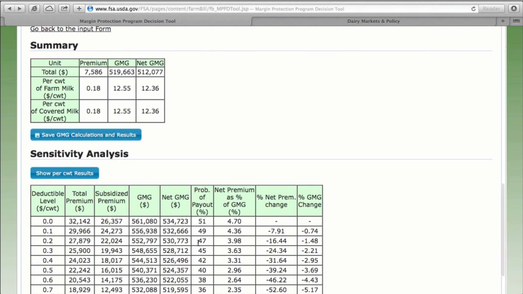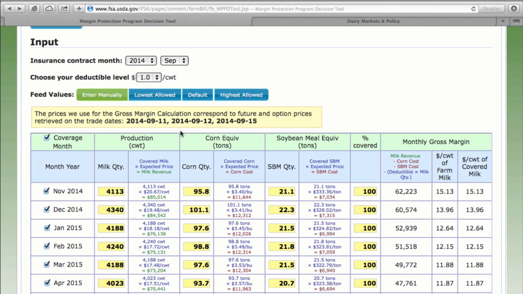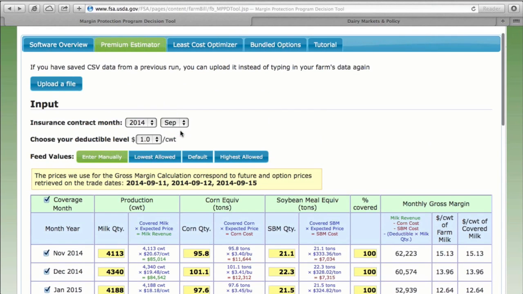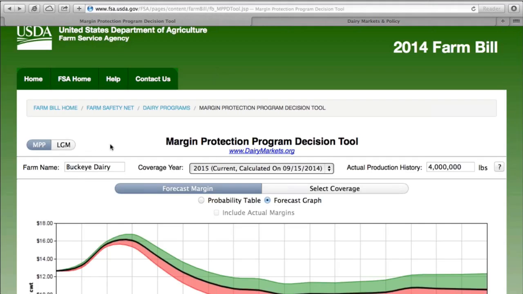Calculate the LGM premium. That's 18 cents a hundredweight. So users can make informed decisions going back and forth between what kind of contract parameters they'd like for LGM Dairy and also MPP, and think about which instrument best helps them protect against catastrophic financial losses.